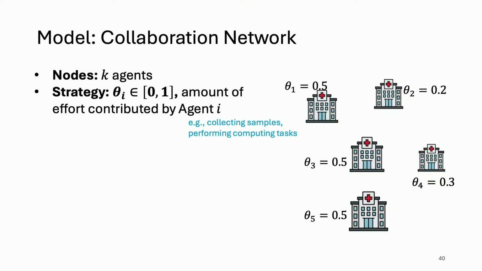This is an abstract model, but if you consider this problem in the collaborative learning setting, this theta I also represents the normalized version of the contribution level. Or you can also consider other settings where everyone has to complete some computing task, and this theta I denotes the effort when they perform the computing tasks.